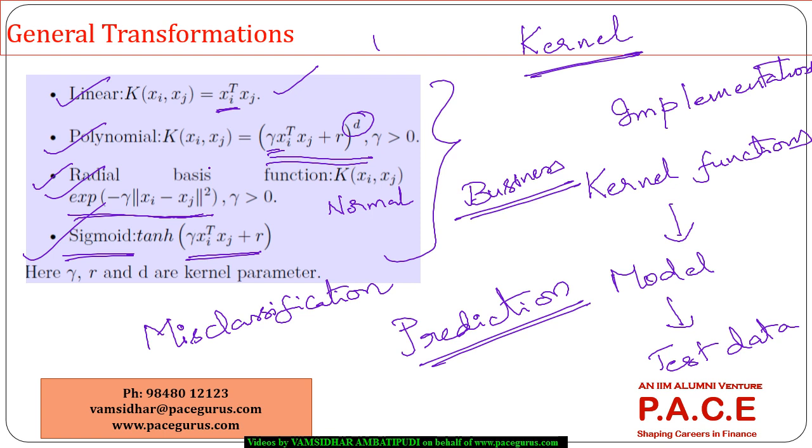Depending on the transformation that I apply, after an SVM is run, I could see to what extent the model that we have fitted estimates the test data. What is the accuracy of the model with respect to the test data? Whichever transformation has resulted in a higher accuracy or a lower misclassification rate on the test data would be the choice for our future prediction purposes.